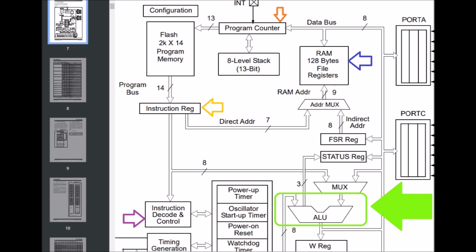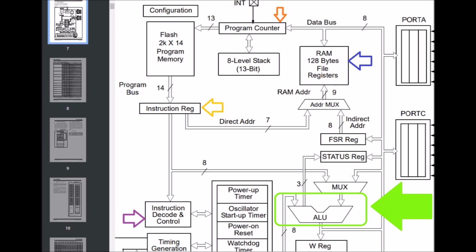In the block diagram of the PIC16F684, the ALU is a central component connected to the data bus, facilitating the transfer of data between various registers and the ALU itself.